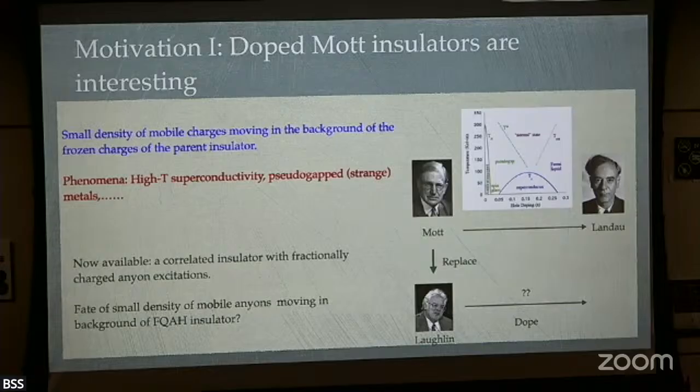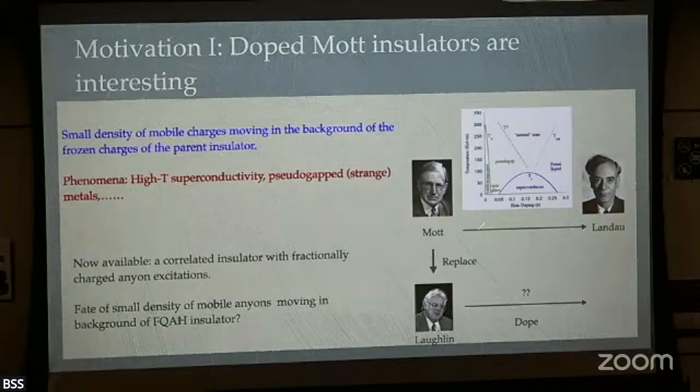And we know we get Tc, we get pseudogaps, we get strange metals, all kinds of interesting things. And you can think about the entire problem of cuprates, at least many of us like to think about it, as a fight between Mott, who controls the zero doping state, and Landau, who controls the heavily doped state.